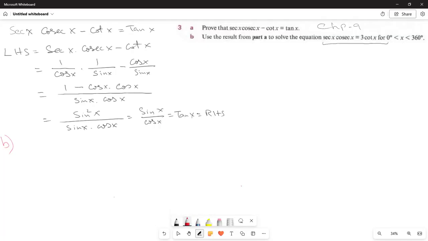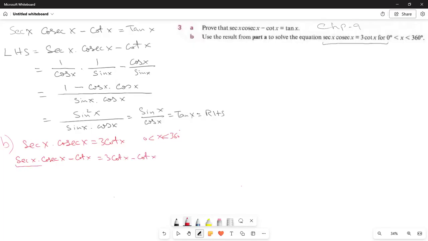I have this equation: secant x into cosecant x is equal to 3 cotangent x, and I need to solve it between 0 and 360 degrees. If I subtract cotangent x on both sides, it becomes secant x cosecant x minus cotangent x equals 3 cotangent x minus cotangent x.